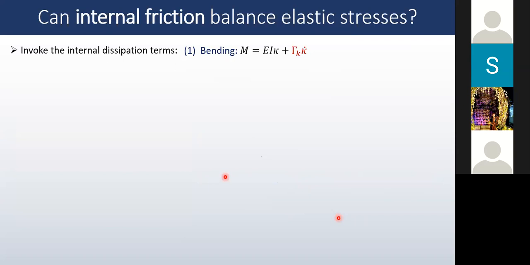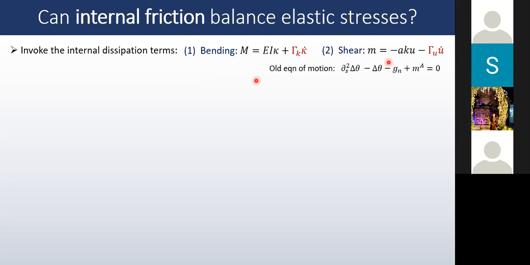As we have the bending elasticity, which was proportional to the curvature, if you remember, the bending friction should be proportional to the time derivative of the curvature. Similar again to a forced damped harmonic oscillator: you have kx for the spring term, you have gamma x dot for the viscous term. Similarly, you have a time derivative of the curvature for bending friction, and similarly for the shear, you have a time derivative of the shear displacement.